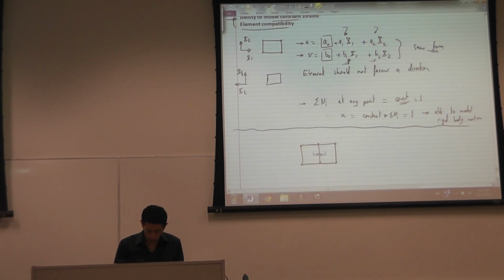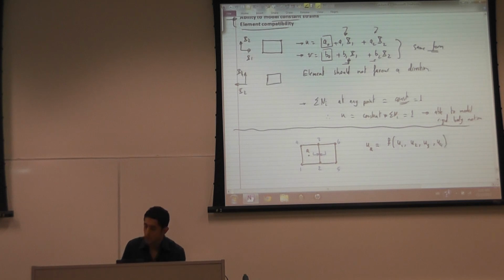This is achieved by the following. This is node 1, 2, 3, 4, 5, 6. So basically I don't want any gaps. As the element deforms, I don't want any gaps between the elements. As the object deforms, I want no gaps in the structure. So let's call this point A. The displacement at point A is a function of U1, U2, U3, and U4.